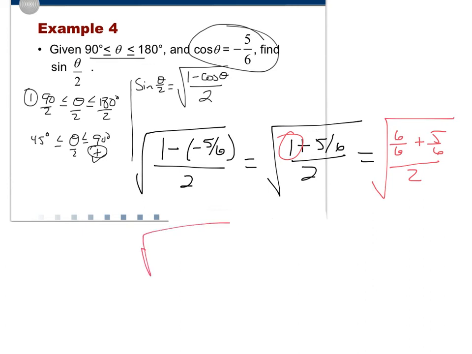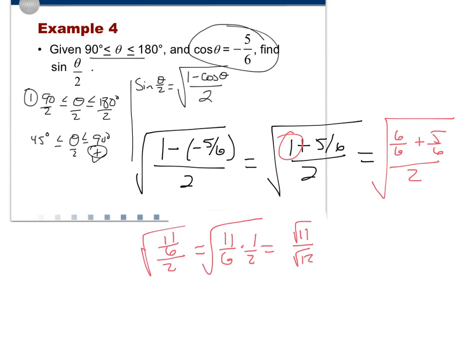I combine my numerator, so I get 11 over 6, all divided by 2. Now I'm going to multiply by the reciprocal, and I get the square root of 11 over the square root of 12.